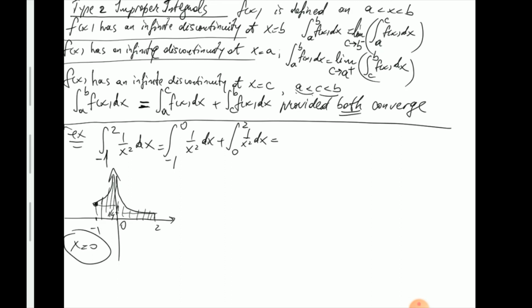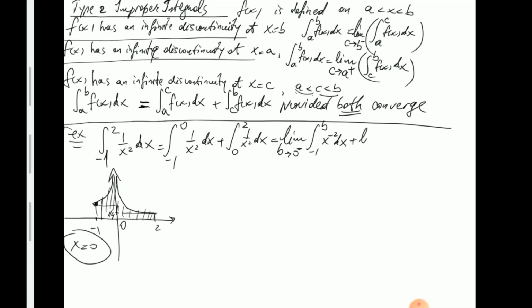So for the first one, we're going to take the limit as b goes to 0 from the left side, from the left of 0, because it's less than 0 in that case, of the integral from minus 1 to b, x to the negative 2 dx.